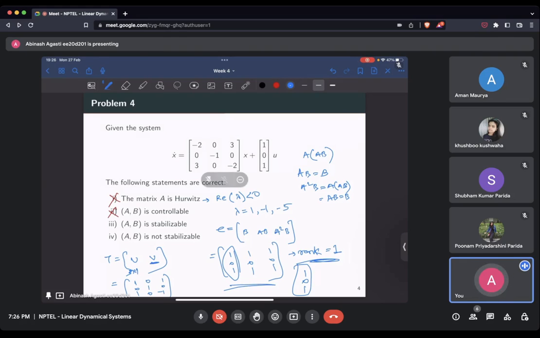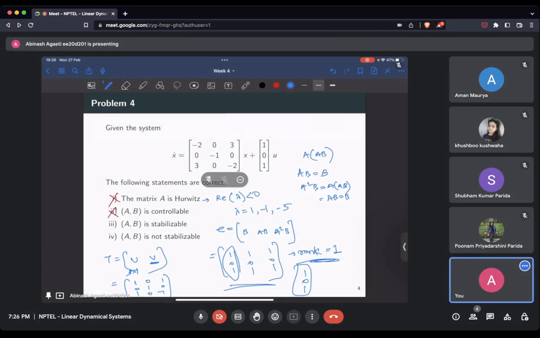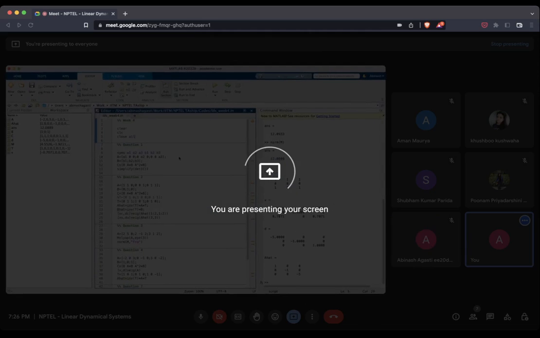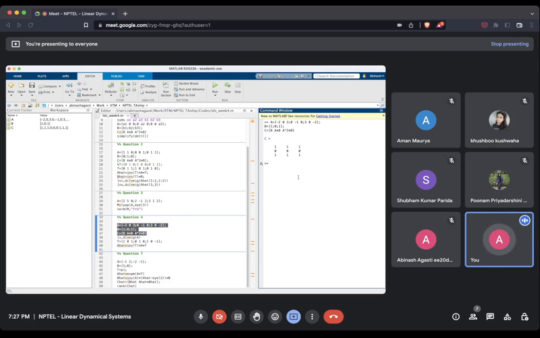Since this method is getting long, we can just do the rest of the part in MATLAB. The procedure is the same. Let's check out what the solutions are. You have these A and B matrices, which give us this controllability matrix, right? This was what we obtained.